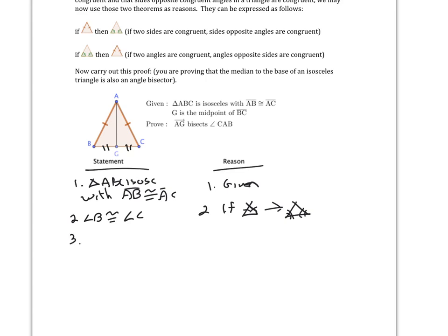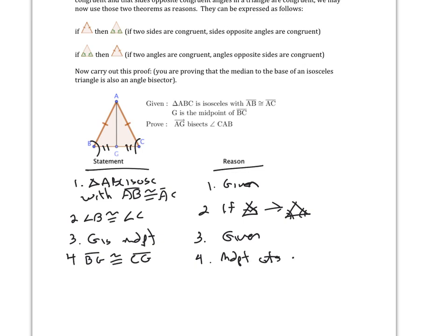And now we have that G is a midpoint, and that's given. And then we can say that BG is congruent to CG, and the reason is a midpoint cuts a segment into two congruent segments.